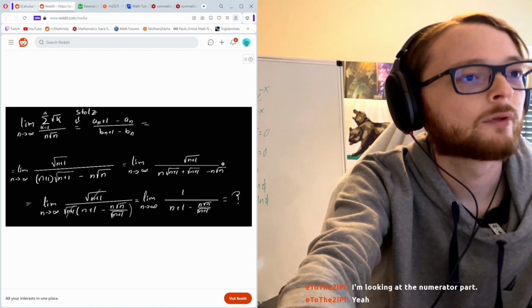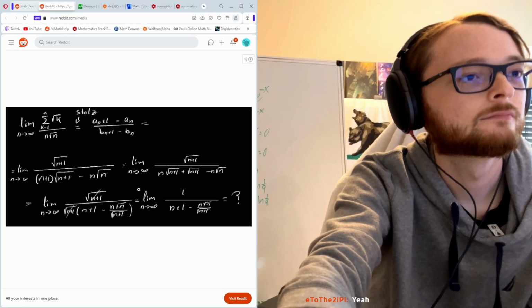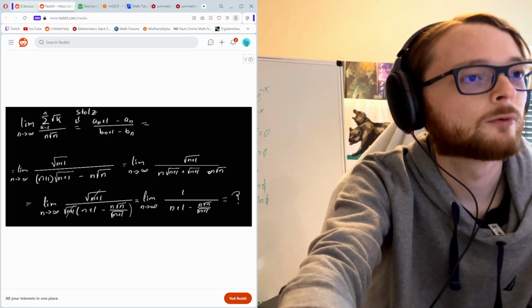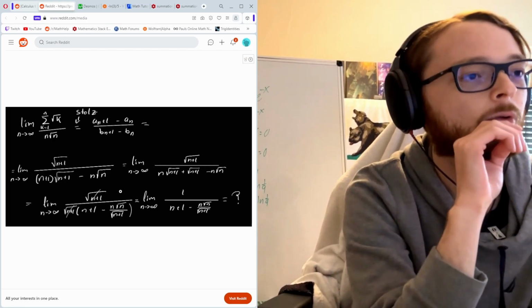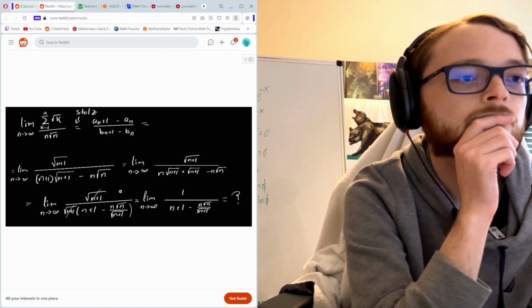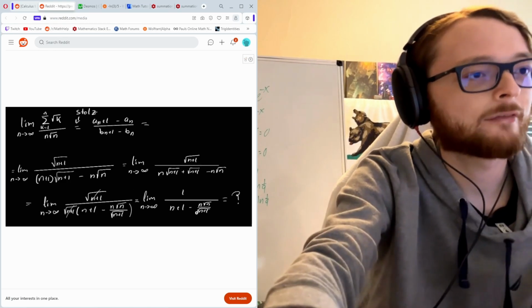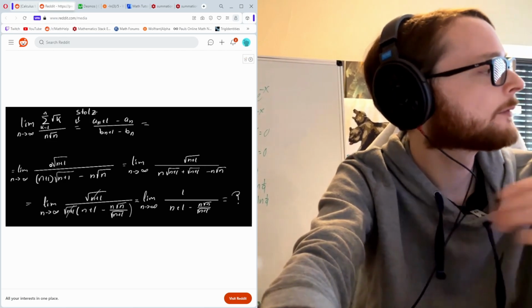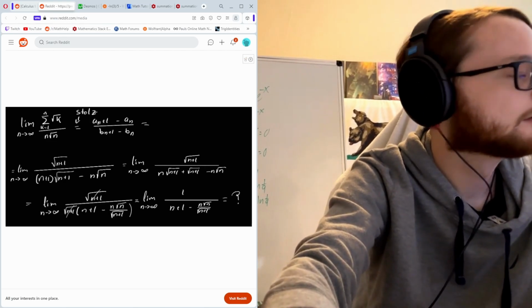And then from this one to this one, they multiply out the n plus 1. They factor out a root n plus 1 from the bottom and cancel. Okay, so I think I agree with their line up to this part. Let's see if we can work it out from there.